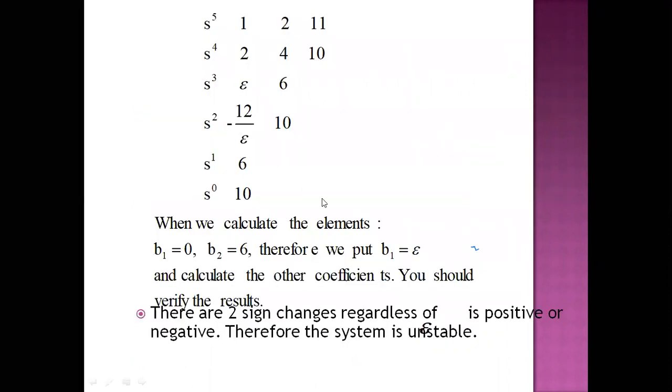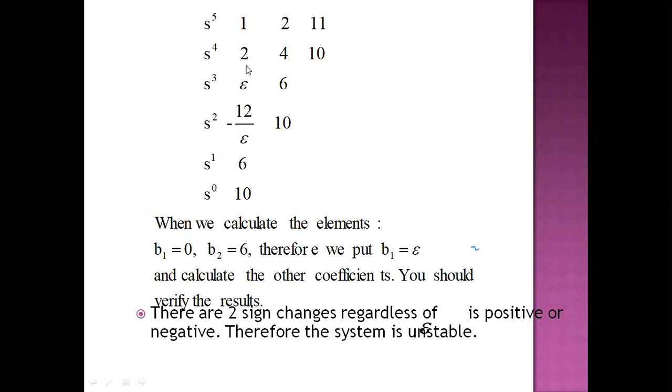In this problem, first I filled the first column: s power 5, s power 4, s cube, s square, s power 1, s power 0. Here the first two rows are 1, 2, 11 and 2, 4, 10 from the polynomial expression.